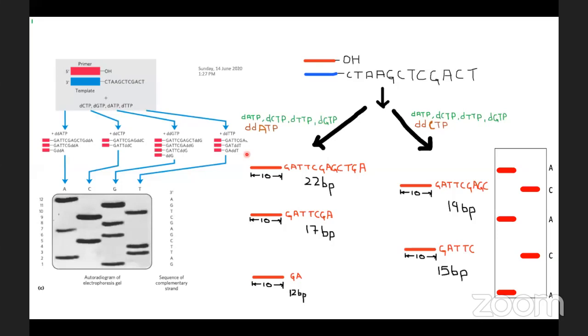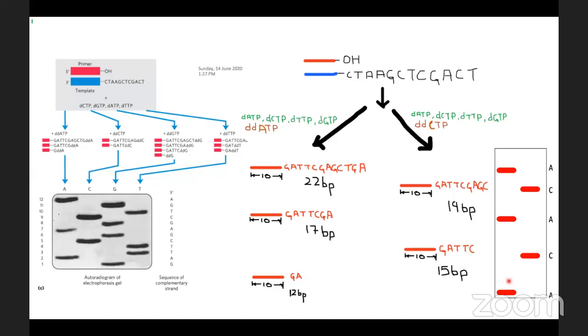Now if I go for electrophoresis, agarose gel electrophoresis, say for this reaction 1, I have 3 fragments, and as I mentioned, they are radiolabeled. So only the fragments which are having A at their end will be visible.